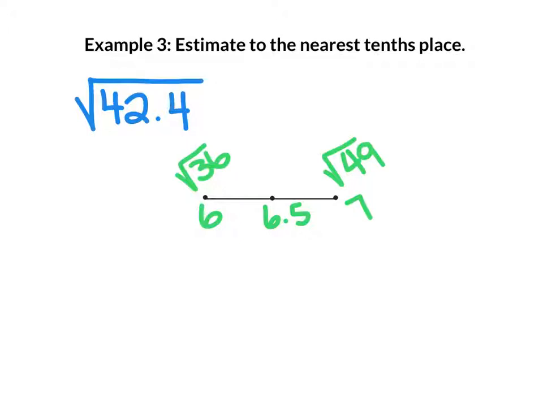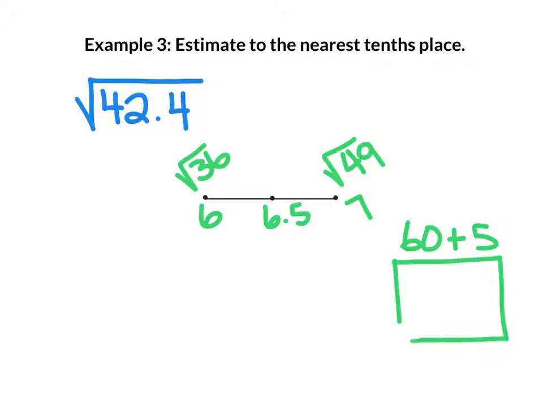So what we're going to do is multiply. I'm going to use the area box model. I'm going to separate 6 and 5/10 into 60 plus 5, and 60 plus 5.